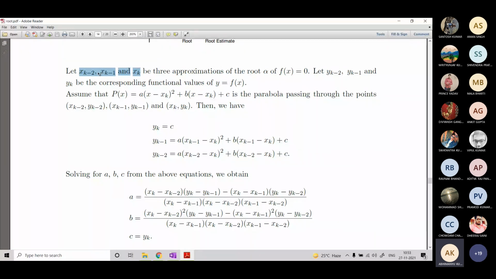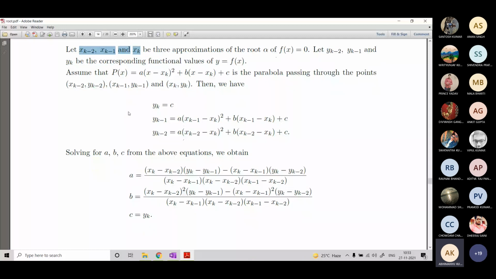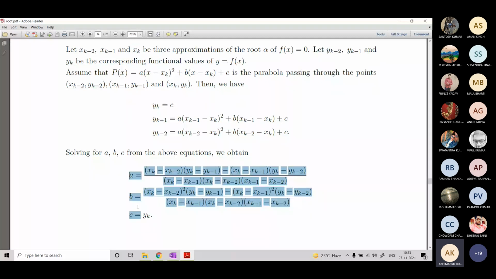The next approximate root xk plus 1 you will have to find out. I have done the same calculation, and the formula for a, b, c will be a little bit different. Instead of 0, 1, 2, there will be k, k minus 1, k minus 2. You can go through it and remember this one.